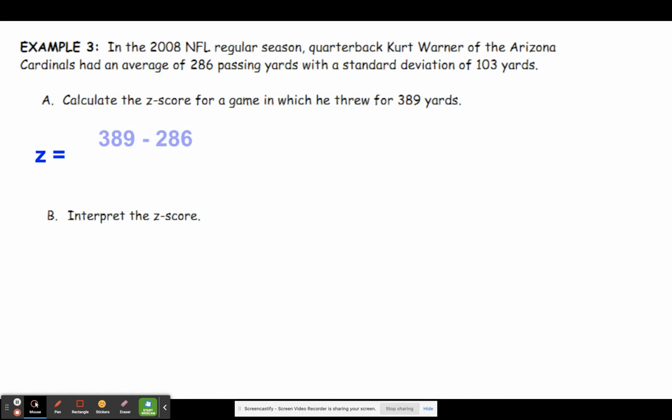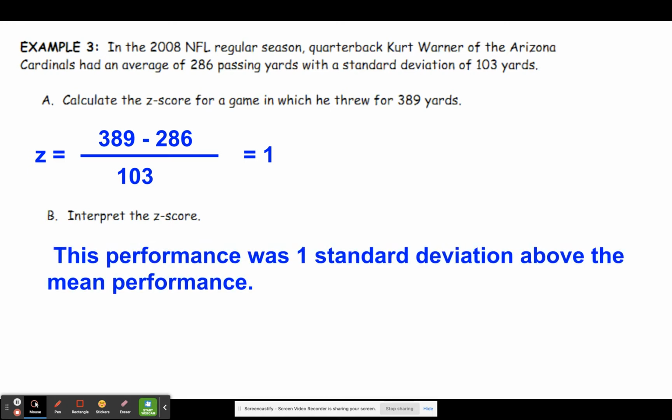Here's the calculation. So we do his performance of 389 minus the mean of 286 divided by the standard deviation of 103. And that gives us a z-score of exactly 1. So what does that tell us? This performance was 1 standard deviation above the mean performance.